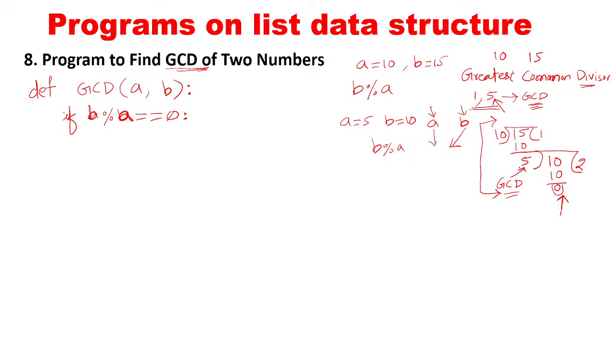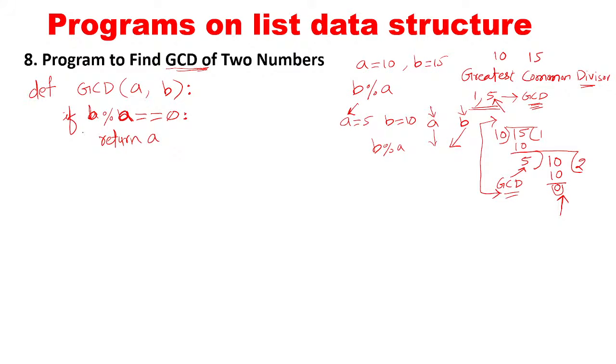If it is equal to 0, which one is the GCD here? This 5 is present in which variable? A. So that means you need to return a here. A is the GCD.